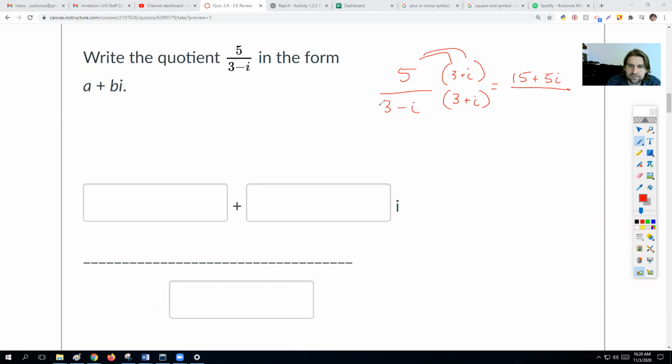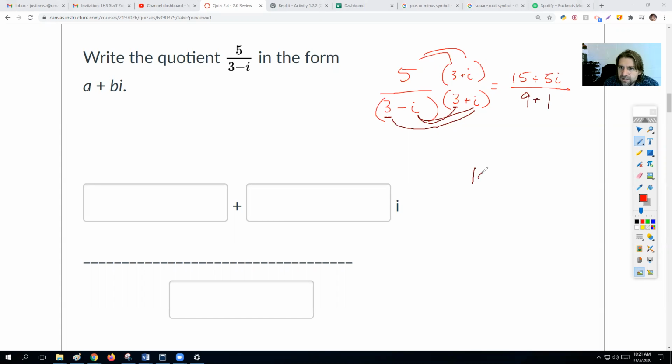And now on the bottom, we could write this out, but this is a conjugate, and so we have to remember a trick. 3 times 3 is 9. Now in the middle, we'll get a positive 3i and then a negative 3i, which will cancel each other out. And so then we just have a negative i times a positive i, which is a negative i squared, or a plus 1.